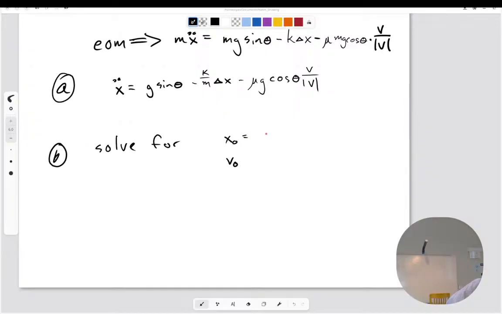Let's give ourselves an actual value, like 1 meter, 2 meters per second.